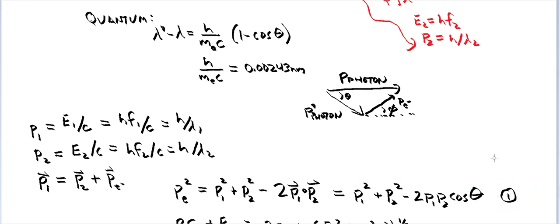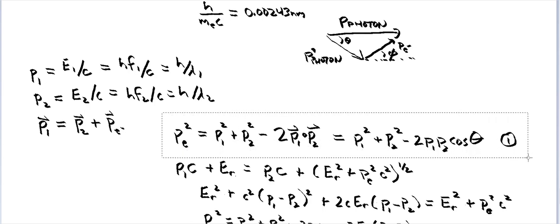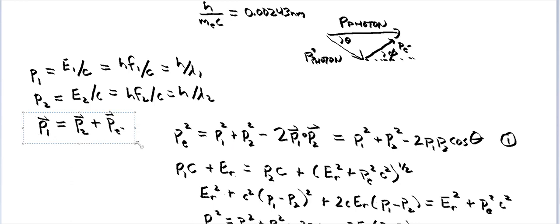I'm going to call that equation 1. All this is the law of cosines, so hopefully you're okay with that. If you're not, hopefully you have a math textbook nearby or Google at hand. In some sense, this is just a statement of our conservation of momentum, that this just stems from this statement.